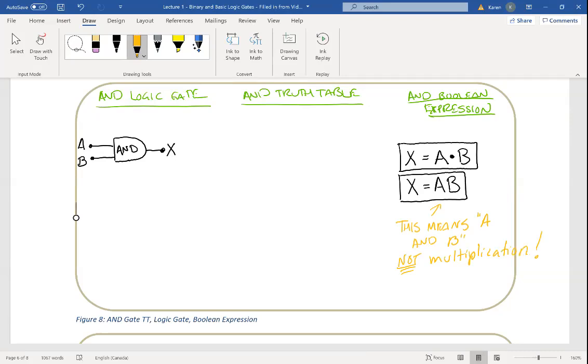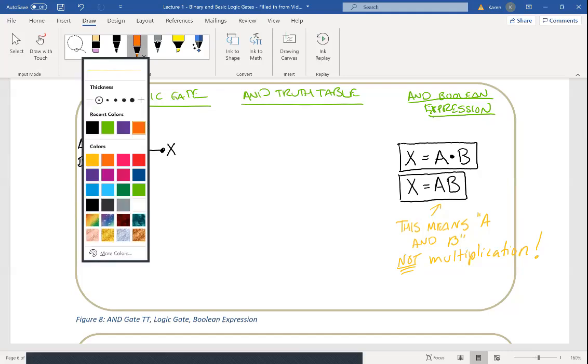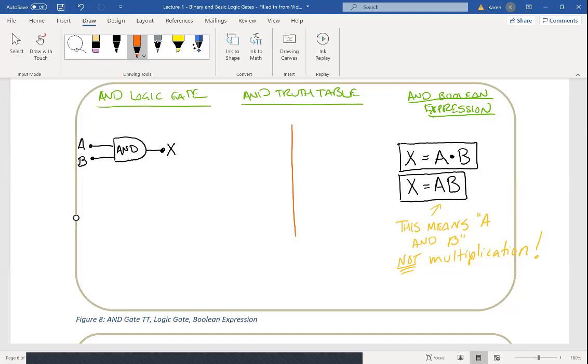All right, so now we've written down the Boolean expression. We've shown what this logic gate looks like if we were to draw it. So let's make a truth table. Remember, a truth table is a table that shows us what the output would be depending on the input.